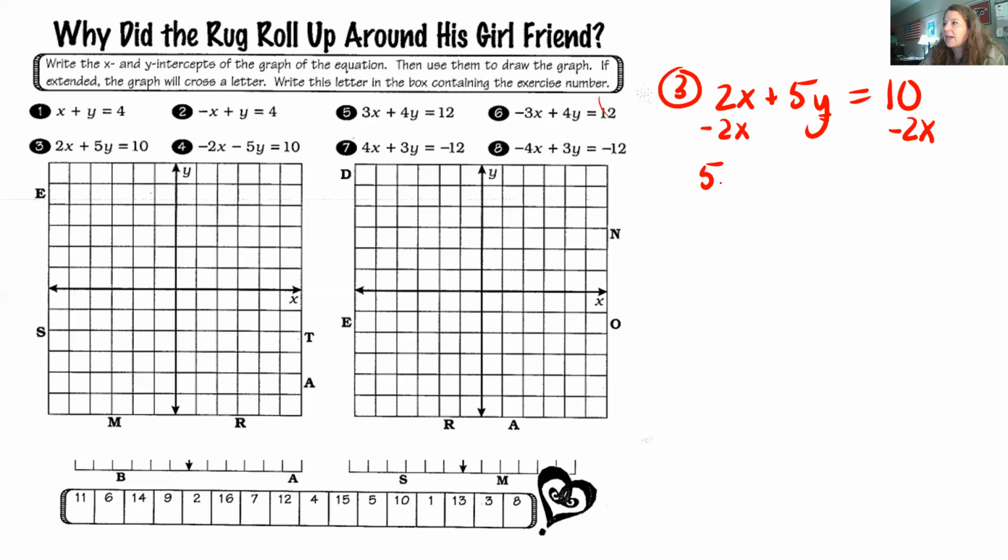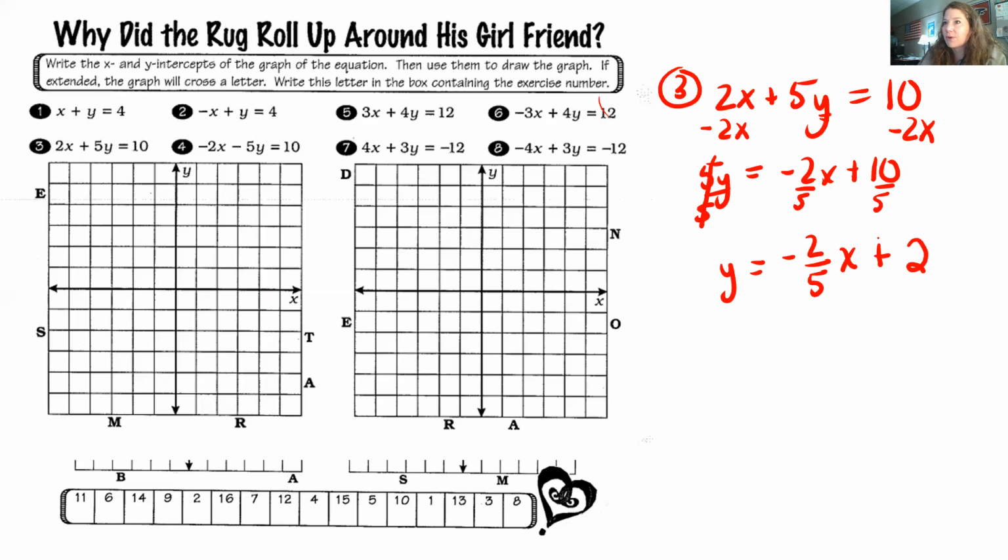So I'm going to write 5y is equal to negative 2x plus 10. And then to get rid of times 5, I'm going to divide every single term by 5. 5 divided by 5 is 1, and 1 times y is y. So I have negative 2/5 x, and then 10 divided by 5 is positive 2. So there's my slope-intercept form.